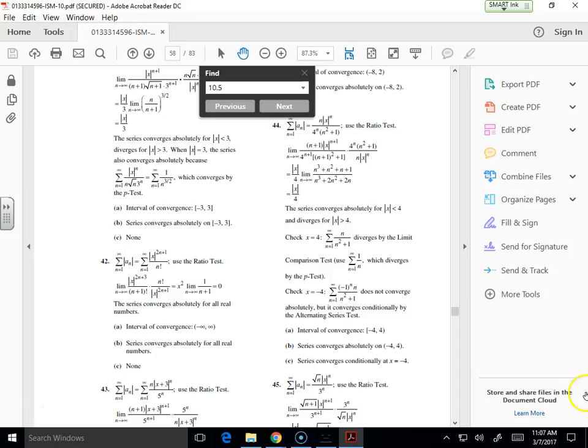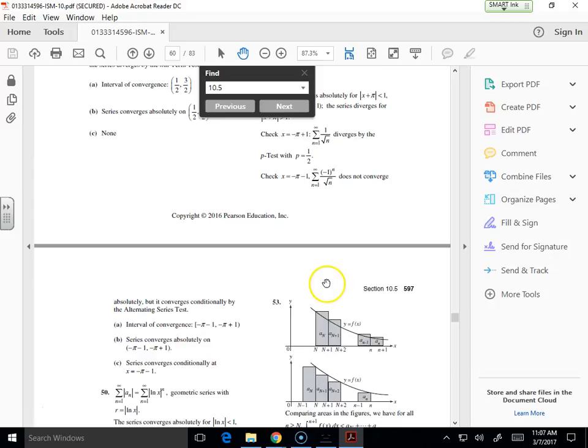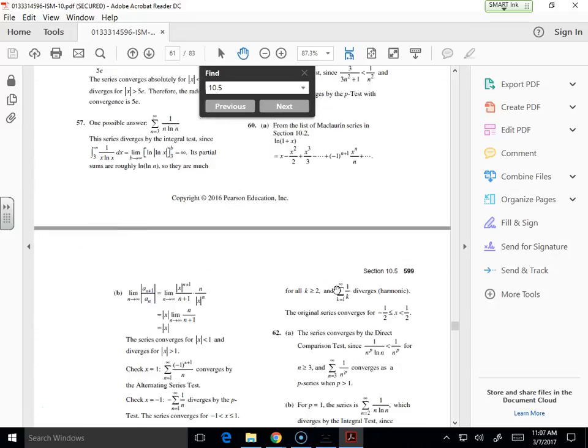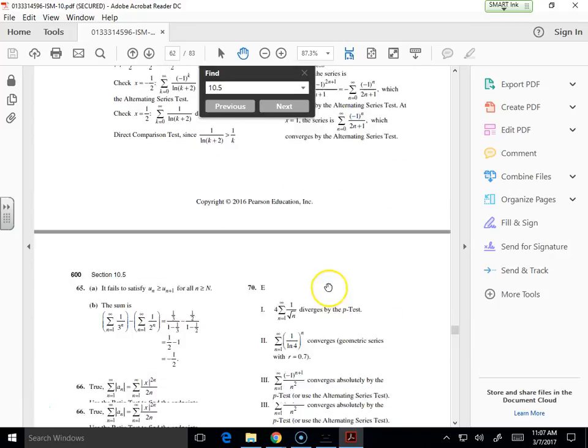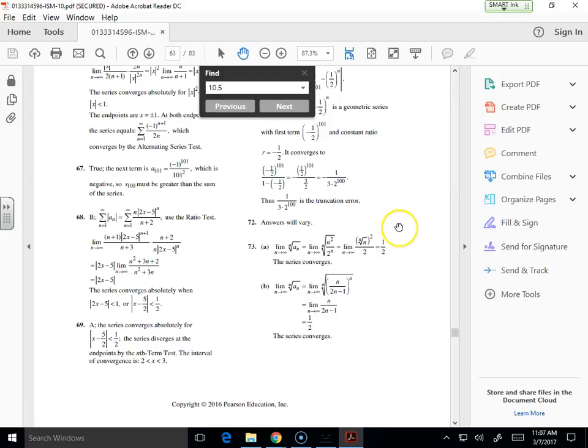Then 68, B. Since the x is in the absolute value, does that mean it's alternating?